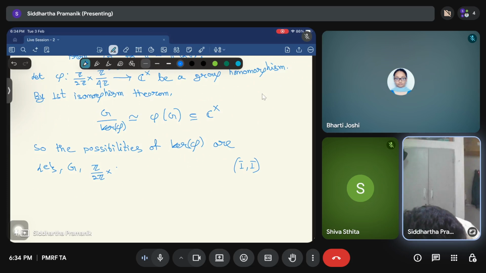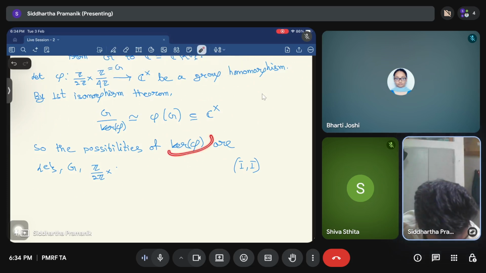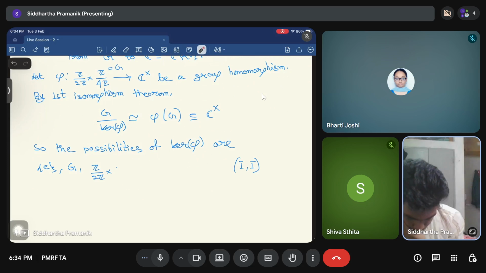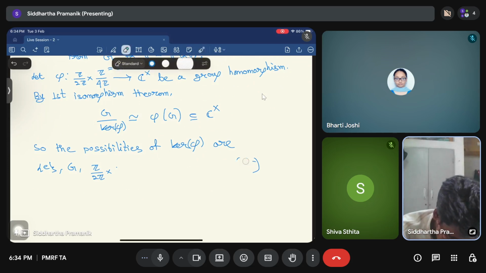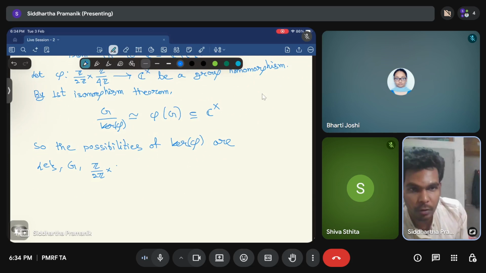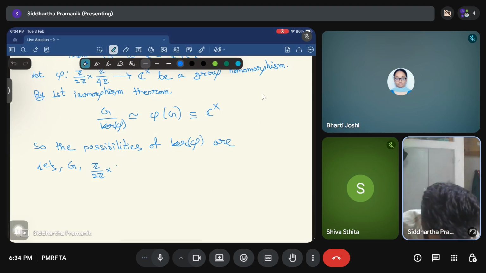No, I want to see the possibilities of the kernel. What can be the kernel? So first, let me list down all the subgroups. Then we will see which one can be the choice for the kernel. So it can be Z mod 2Z cross 0, or it can be 0 cross Z mod 4Z.